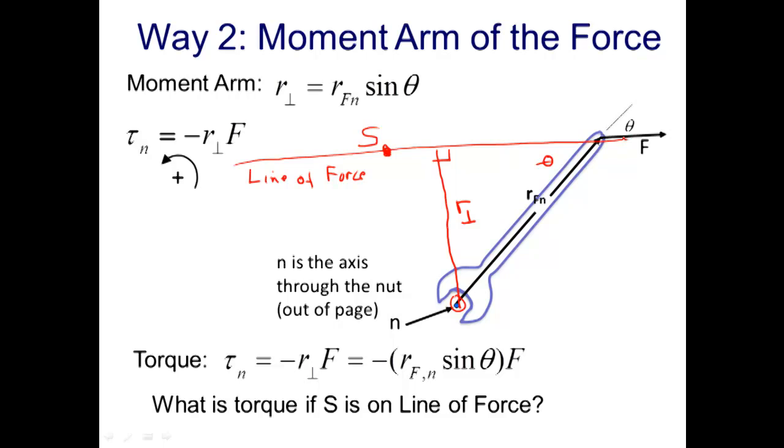That's very valuable because in many problems you can pick S wherever you want, and if you pick it along the line of force, then there will be no torque. That makes the problem computationally easier, and often it means that the angular momentum is constant, or the rotation speed is constant.